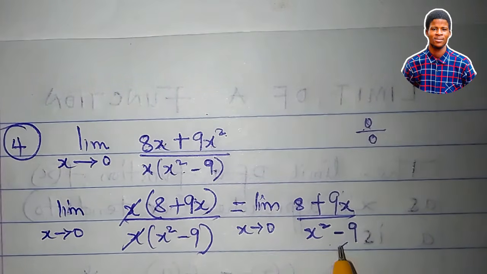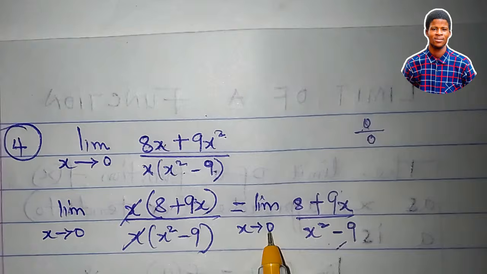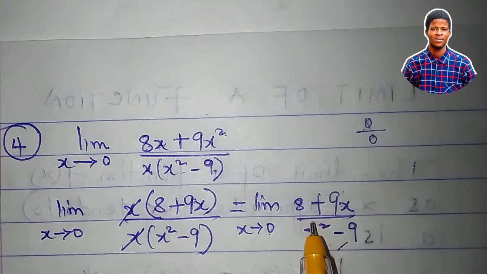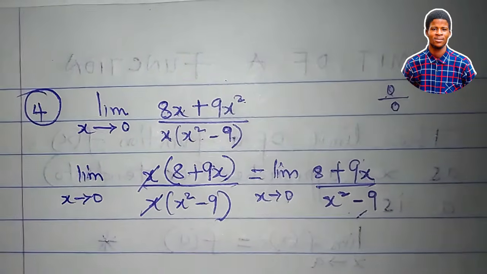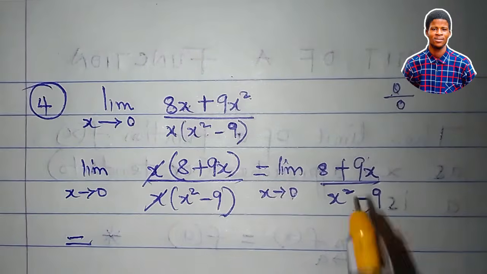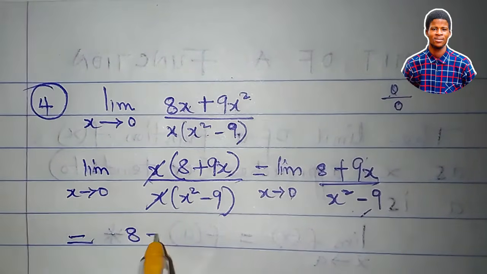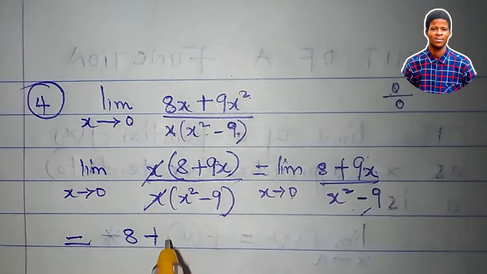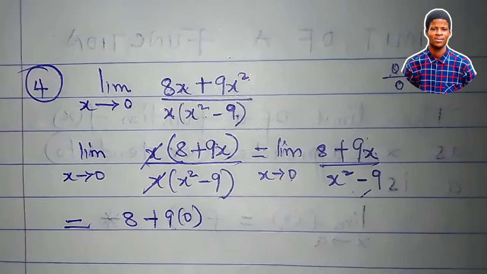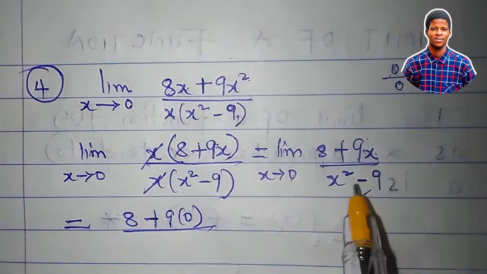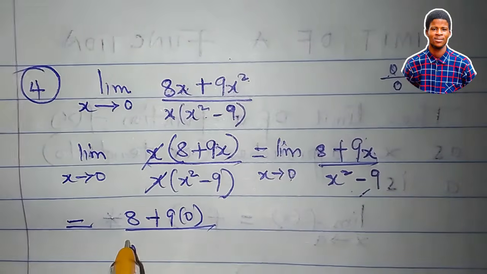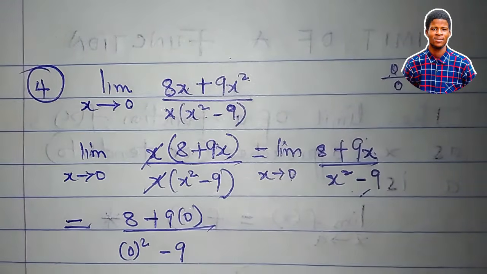So we can now plug in the value of x here, which is 0, into this function to obtain the limit. So the limit will now be equal to 8 plus 9 times 0 divided by 0 to the power of 2 minus 9.